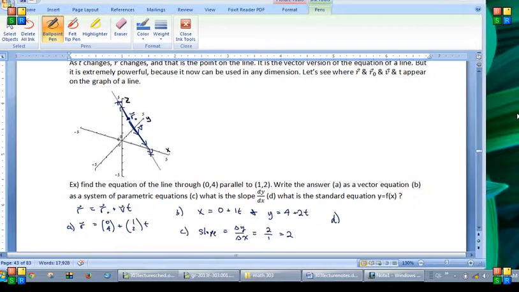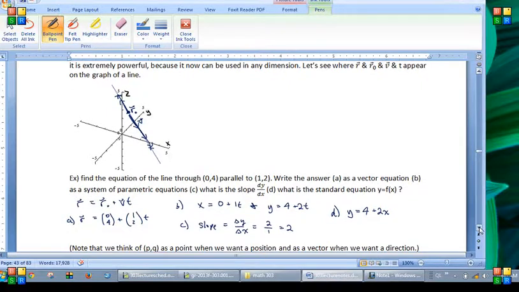Well, this one actually works out really nicely because you just get x equals t. So the standard equation would just be y equals 4 plus 2x, or y equals 2x plus 4 if you prefer that.